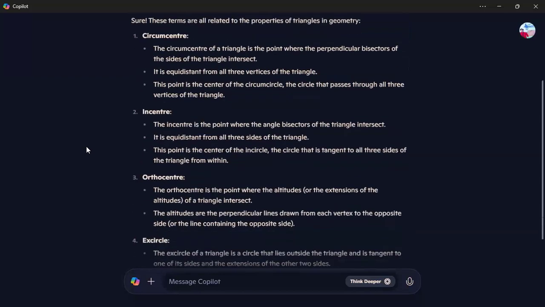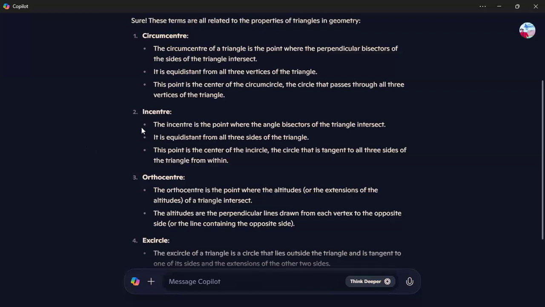Next point comes in center. The circle is inside the triangle. Now the center of the circle will be known as in center and this circle will be known as in circle.